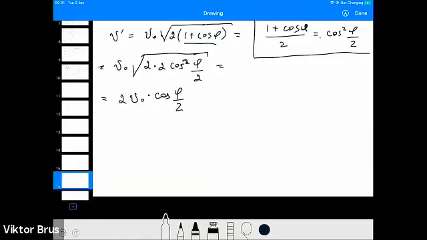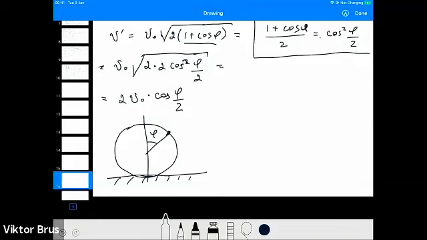Let us consider this before we finish. We're almost done here. So we have this wheel and point here with angle phi. So it moves with respect to ground, and we are looking for this v prime, the absolute value, with respect to ground.